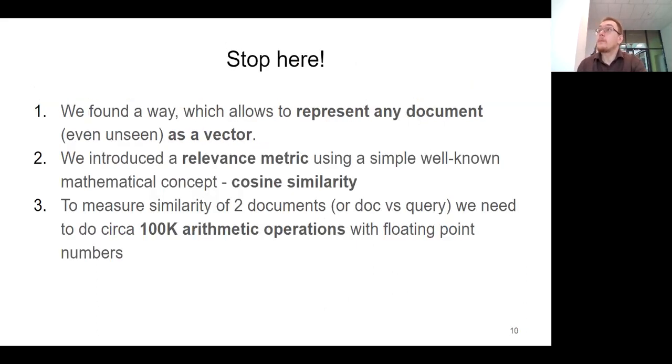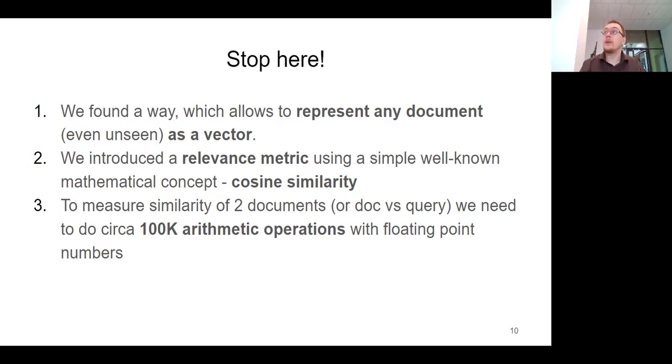Okay, let's stop here. So we found at this moment the way which allows us to represent any document as a vector. So we already saw this term document matrix, and we know that the document is a column in this term document matrix. So there is a vector representation. Unfortunately, there's a single thing which should disturb us, that the concepts are non-orthogonal at the moment.